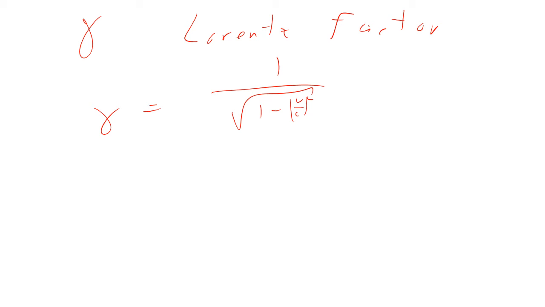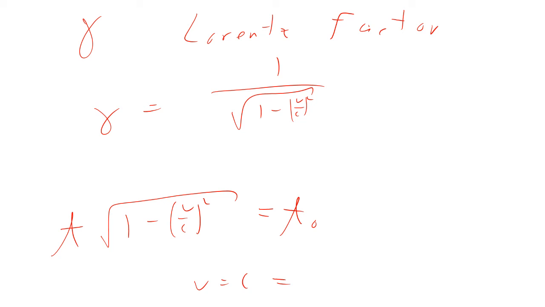It goes to infinity. Or in other words, back to here, I said that t times the square root of 1 minus v over c squared equals t naught. So if v equals c, that means t naught is 0. Now, t naught is how much time passes for the moving observer.